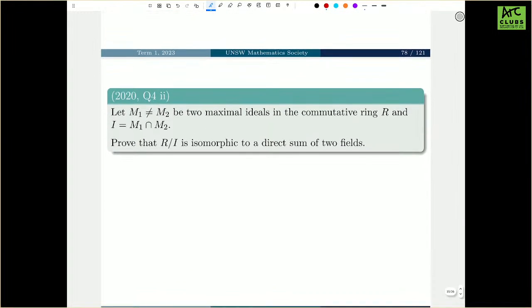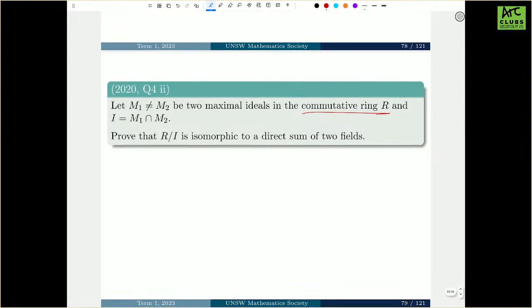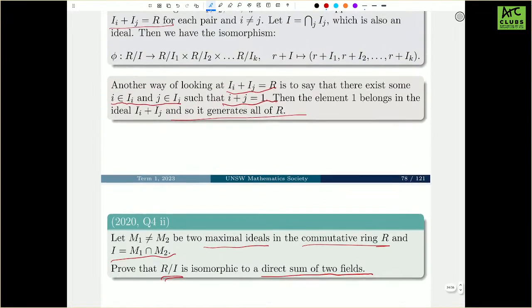Okay, just a quick question. Let M1 not equal M2 be both maximal ideals in R, which is commutative, and suppose I equals their intersection. Prove that R/I is isomorphic to the direct sum of two fields.